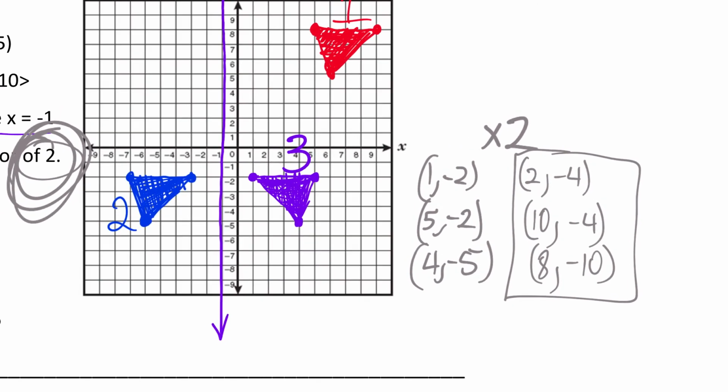All right, so let's plot those. 2, negative 4. 10, negative 4. Oh, yeah, that's right. And then 8, negative 10.